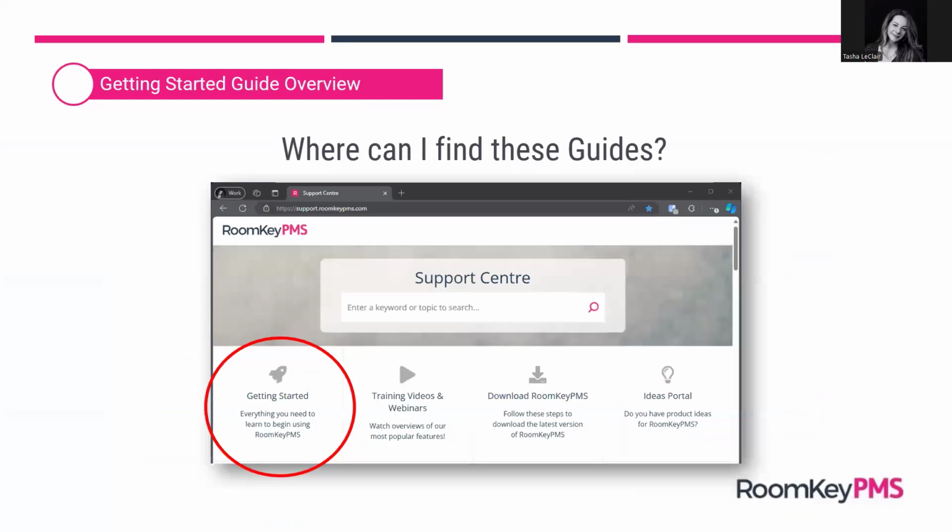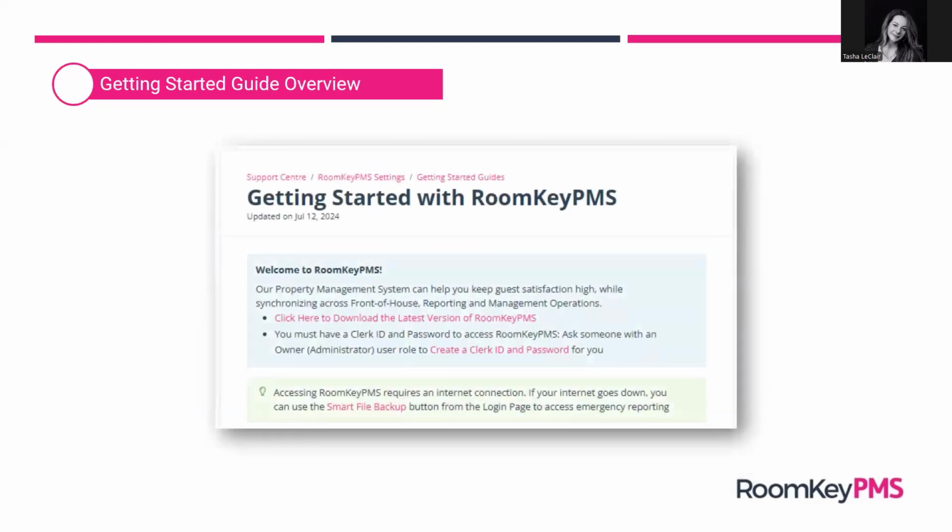So let me jump back to our presentation. Now that we know where to find these guides and some of the tips and tricks for making it easy to navigate to the guide itself, I wanted to show some of that information. The initial guide that we looked at, the master Getting Started guide, has the welcome message and the reminder about Smart Files backup.